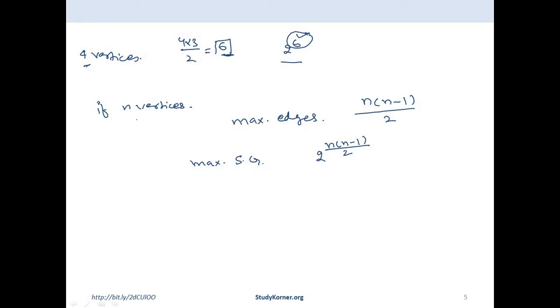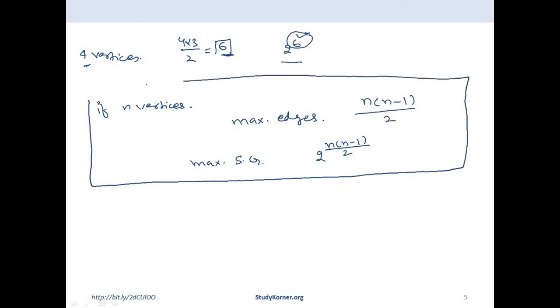So, this is for the general case: how many maximum simple graphs are possible and how many maximum edges are possible if the number of vertices n is given.